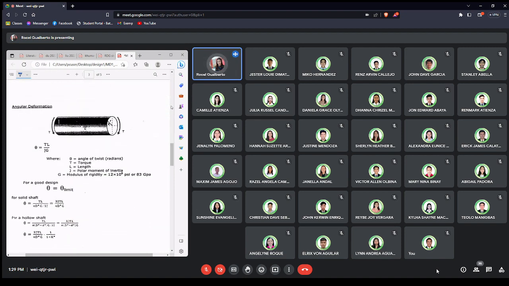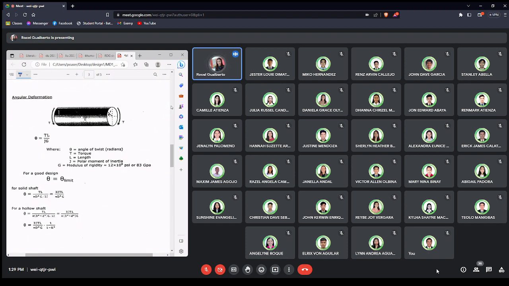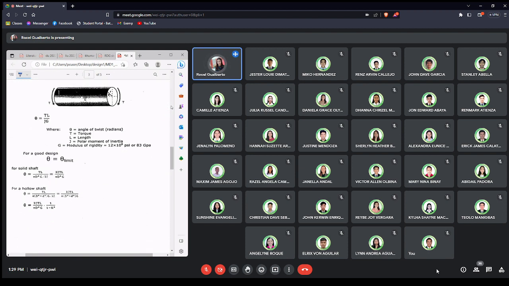Now, base naman po dun sa atin na deformation failure, okay, we have the angle of twist theta equal to TL over JG. Okay? So, just like po yung ginawa natin dati, yung J for solid, ipapalit lang po dito pi D to the fourth over 32. Okay?